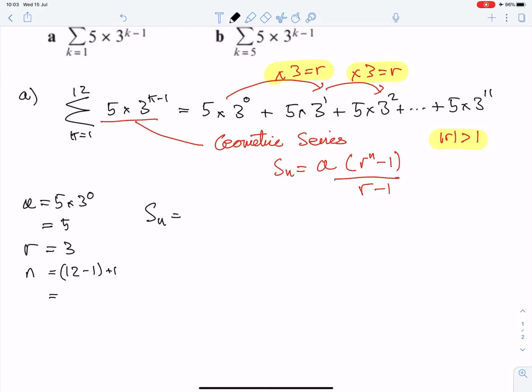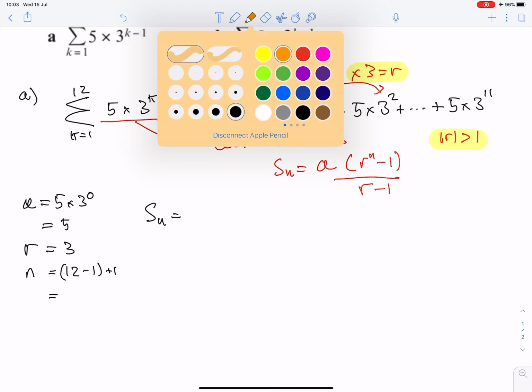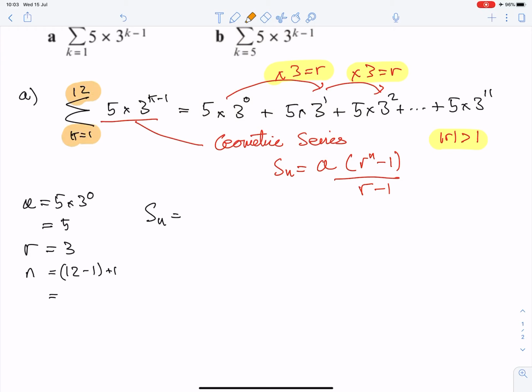Right, it's the difference between the top and the bottom of our sigma signs plus the 1 to get the right number. Okay, so we get 12 for n.